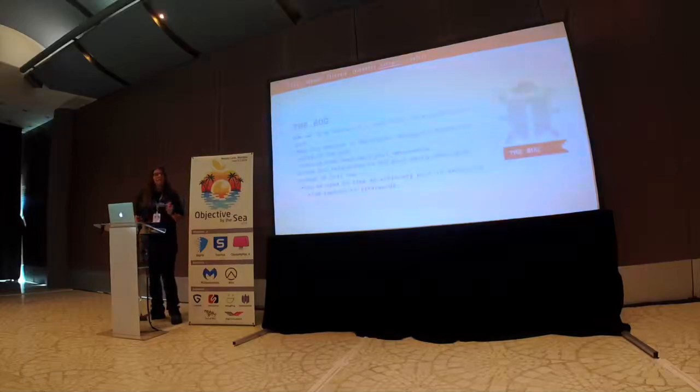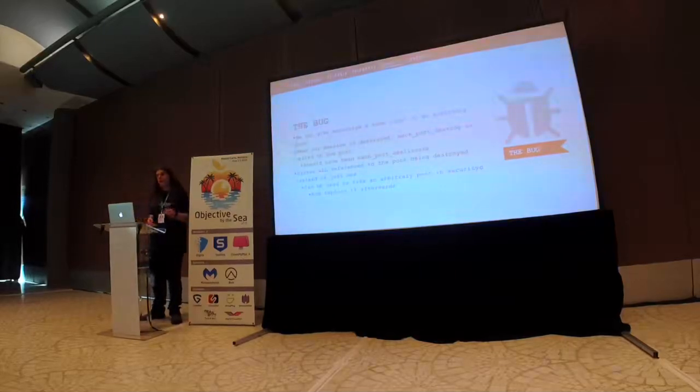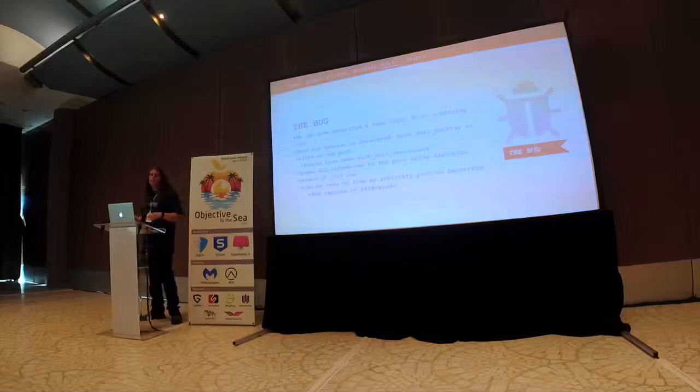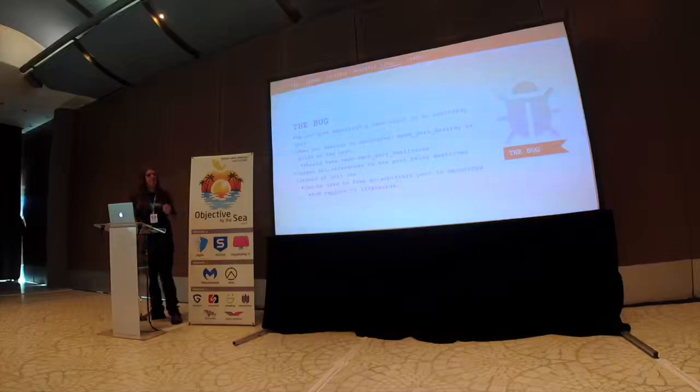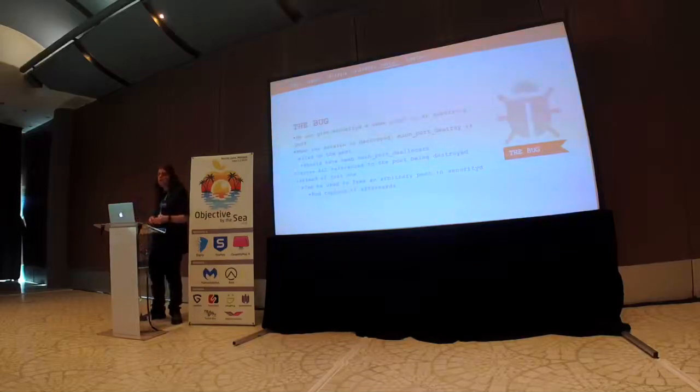What this means is you can just send a random port to securityd, and when you send a port it already knows about, then it will not get an additional port, but it just will get a new reference on that port. The problem is that when you use mach port destroy, then the reference count will be set to 0. What they should have done is they should have used mach port deallocate, which will just drop the additional reference it got.